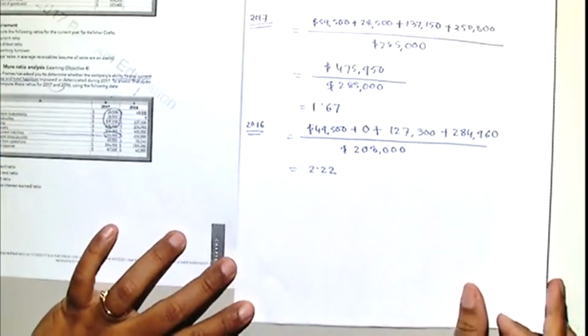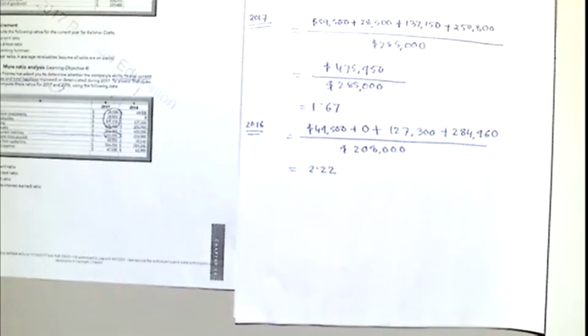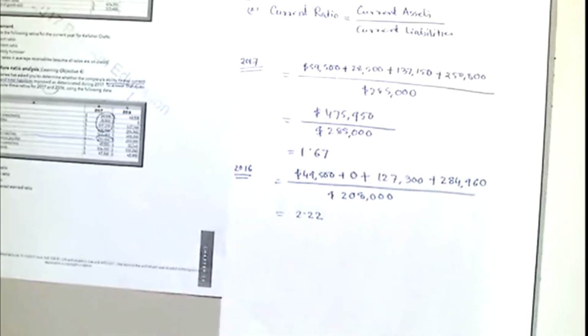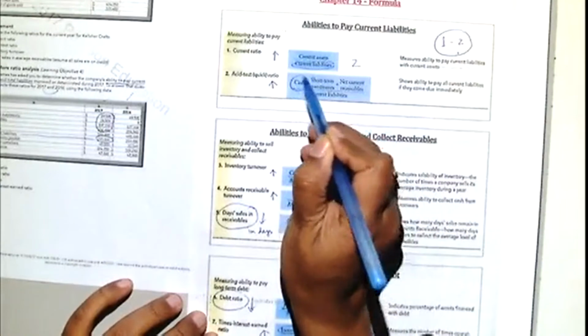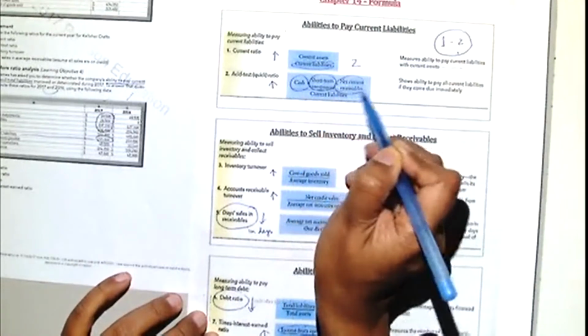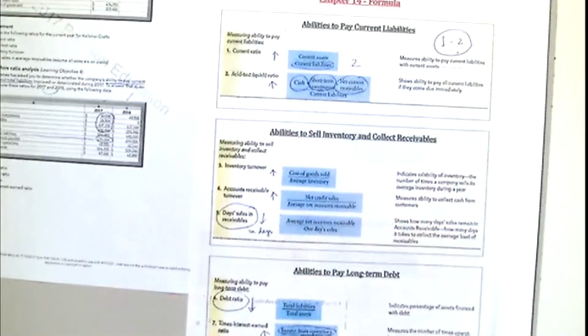Now we're gonna do acid test ratio. The name is a little bit weird, acid test. So the difference between current ratio and acid test ratio is what? For acid test ratio, when we do the top part, we will take only very, very liquid assets. And these are the 3 items you're gonna take.